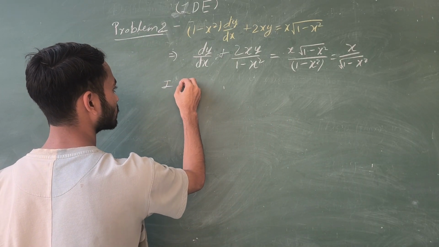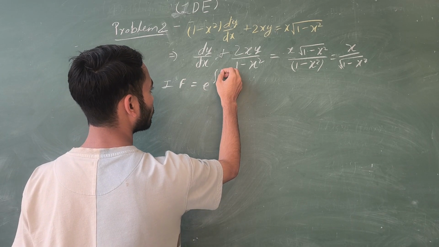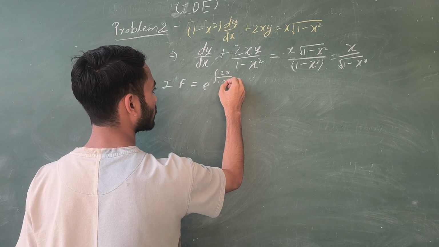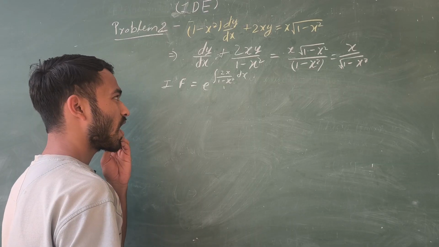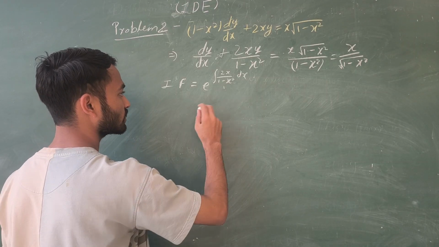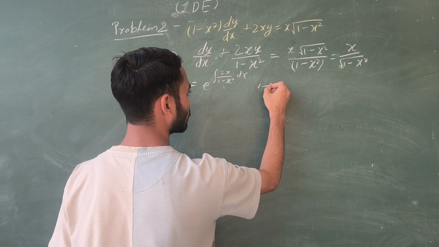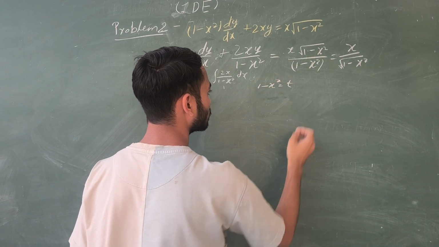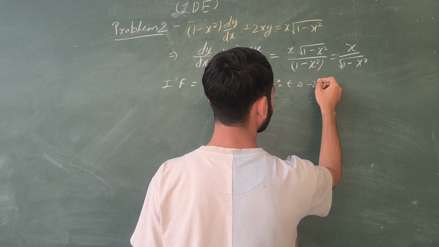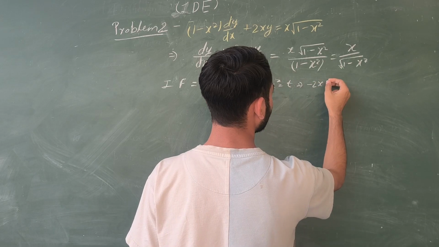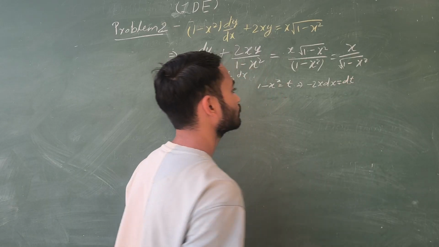We will simply find first the integrating factor, e to the power integration 2x upon 1 minus x square dx. Now what is the integration of this? By simple substitution, say 1 minus x square is equal to t. This will be minus 2x dx is equal to dt, right?